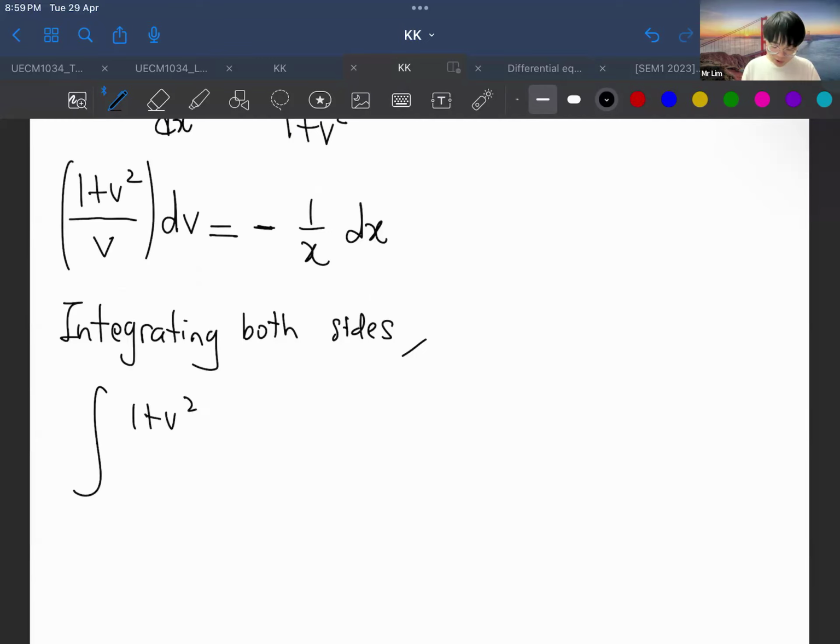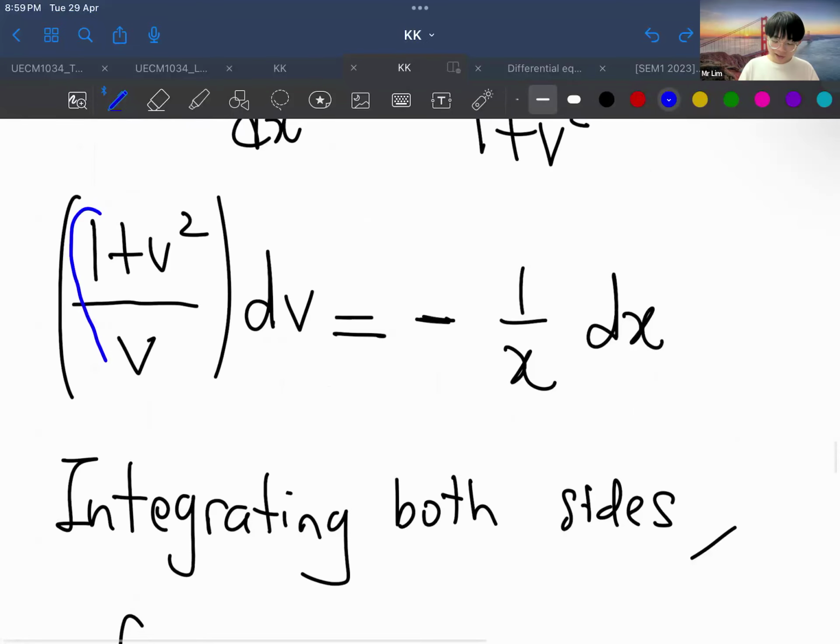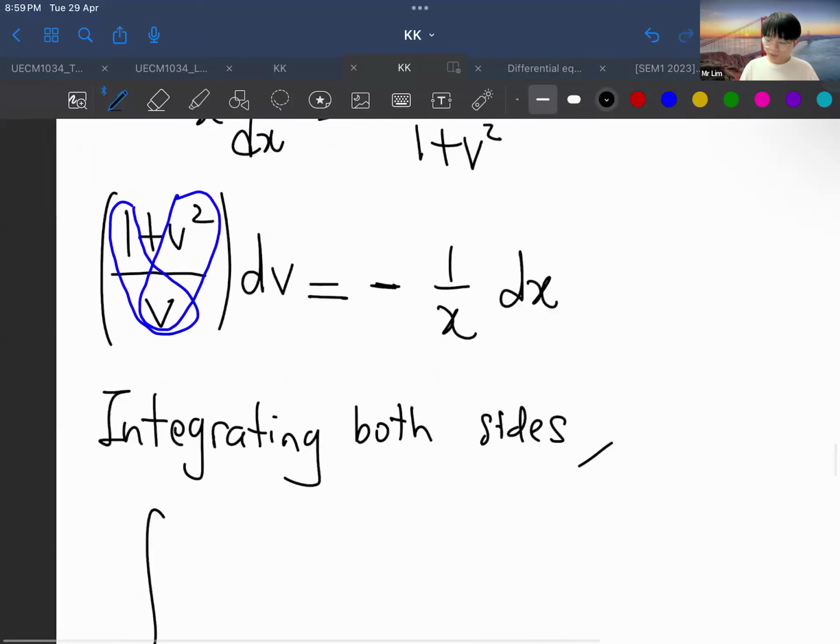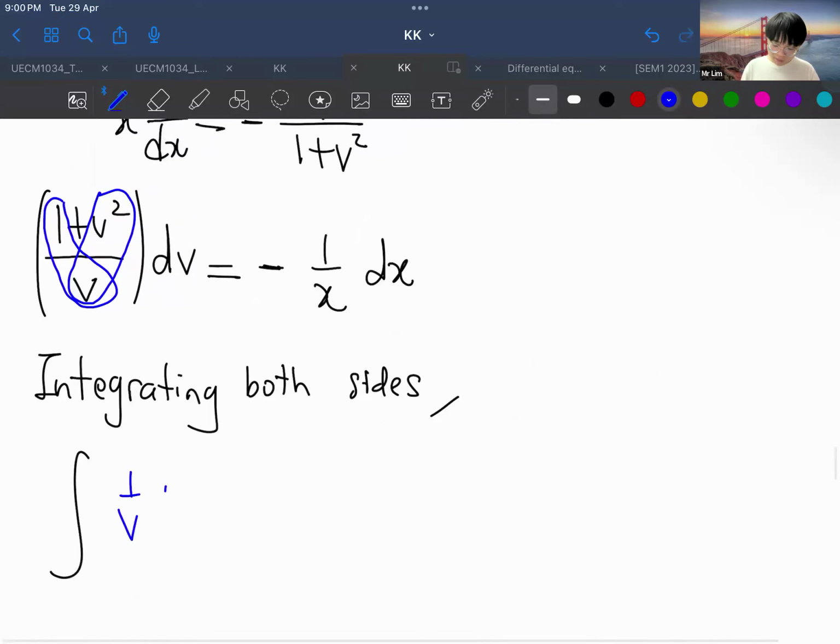1 plus v square. Okay, so 1 plus v square over v, there's a common denominator. You can actually separate the term. This one term, this one another term. So what do you get? You're getting 1 over v plus v only lah. Correct.